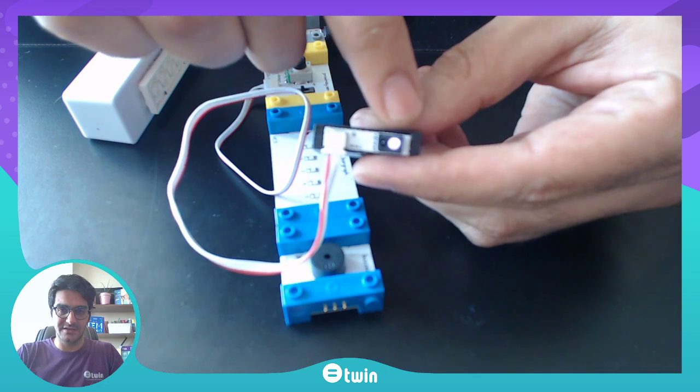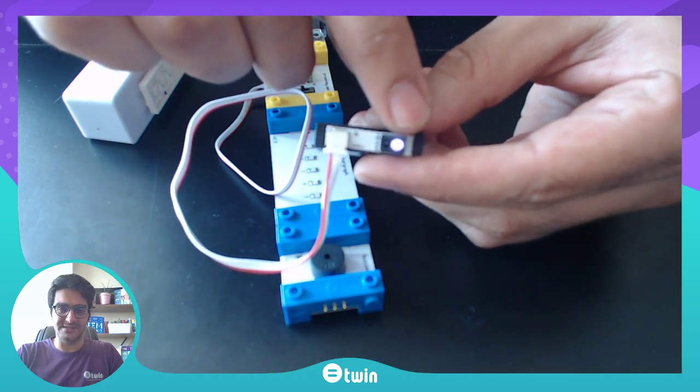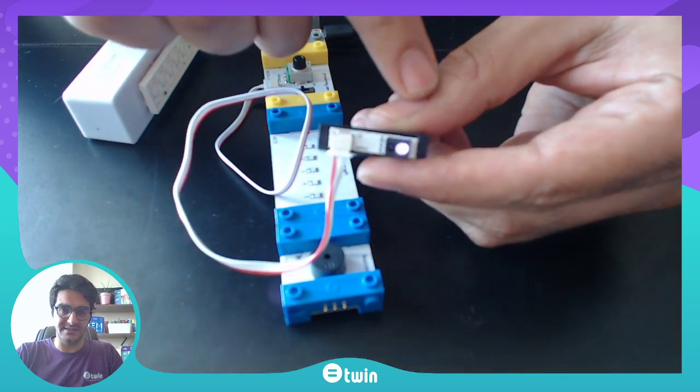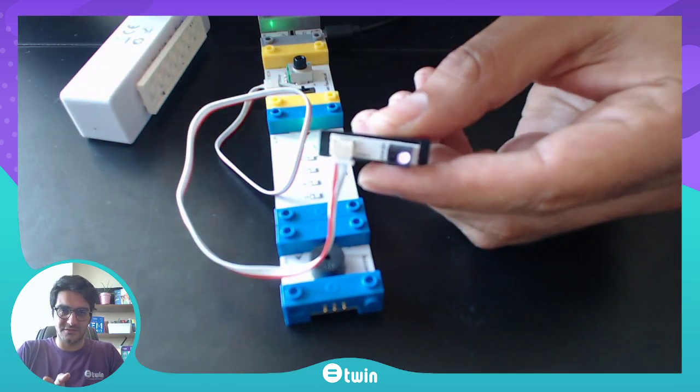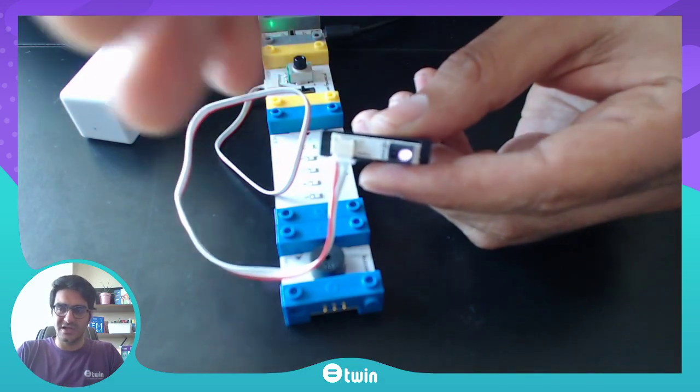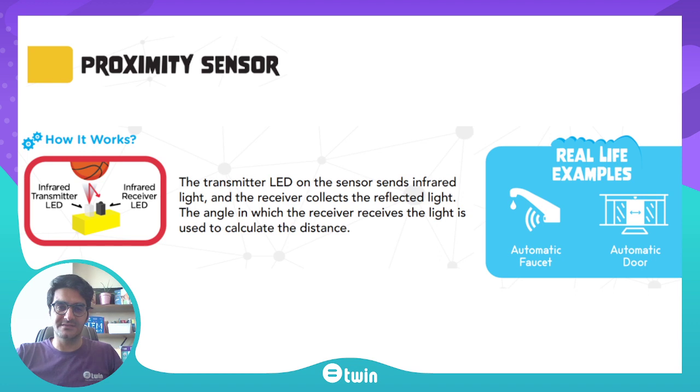The one that is visible right now is transmitting the signal, meaning that it is sending infrared light in its direction, and the receiver here is collecting the signals reflected by an object.